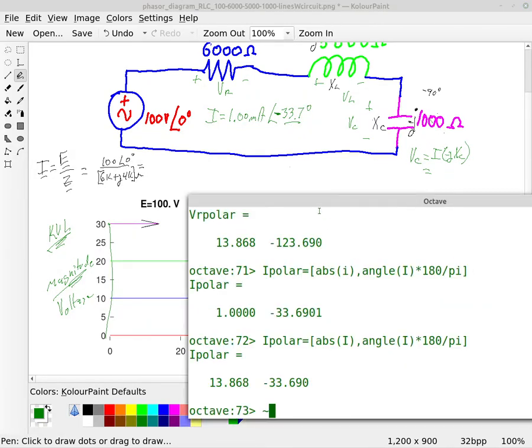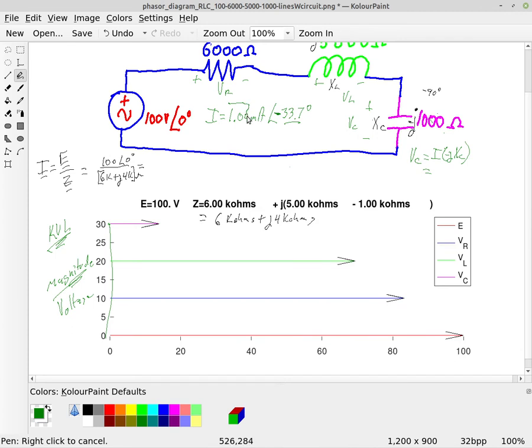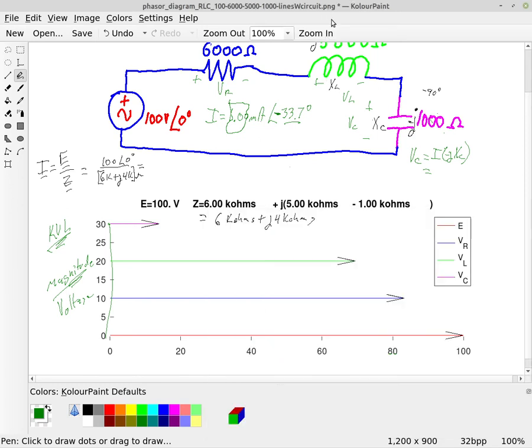All right, so I noticed when I was doing this, my polar form of the current, I actually calculated that incorrectly. I used lowercase i, which of course is the square root of -1. And so my current is actually not 1 milliampere there. It is actually 13.9 milliamperes.